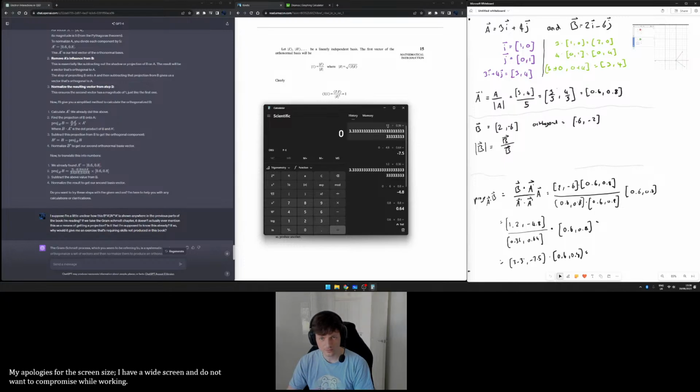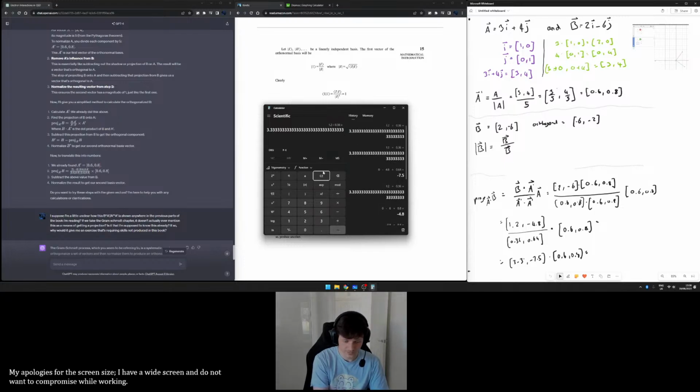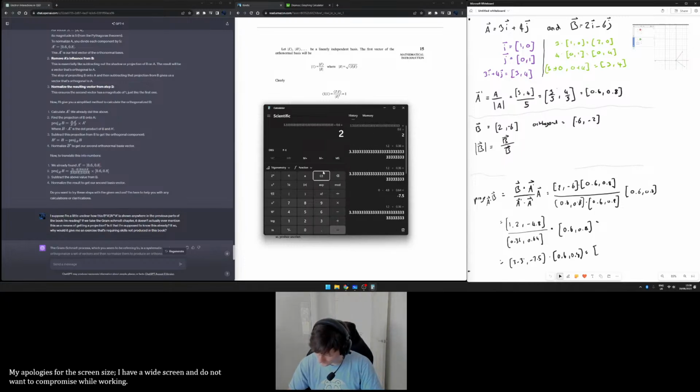So it's this: 1.2 divided by 0.36 times 0.6 is 2, and then negative 7.5 times 0.8 equals negative 6.